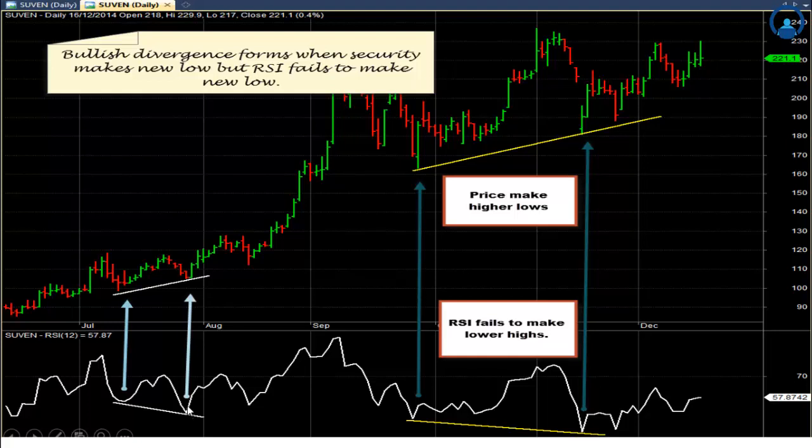Prices change their direction and go ahead to trade at higher levels. Then comes another bullish divergence where prices make higher bottoms but RSI goes ahead to make lower bottoms. Bullish divergence forms when a security makes a new low but RSI fails to make a new low.